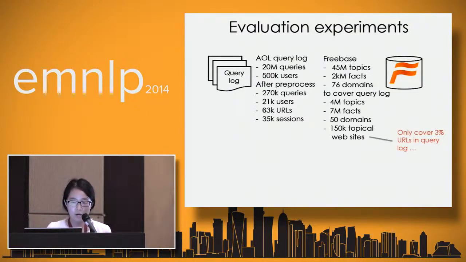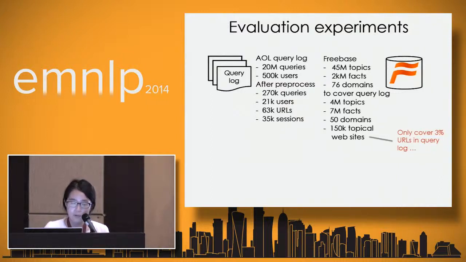And then we filter out the noisy ones and the less entity-centric ones. So now we get the queries that we got. It's still a little large, and for Freebase, we just extract part of the data, just enough to cover our query log.